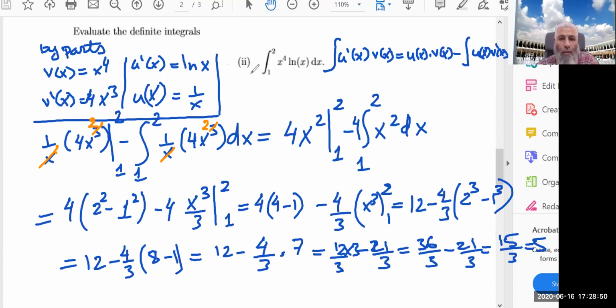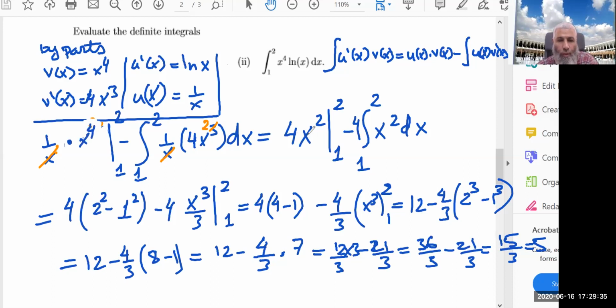Did we do this? This is u of x, and this is v of x. This is not v of x, this is v dash. Right? Yes. So this should be v of x, which is x power 4.